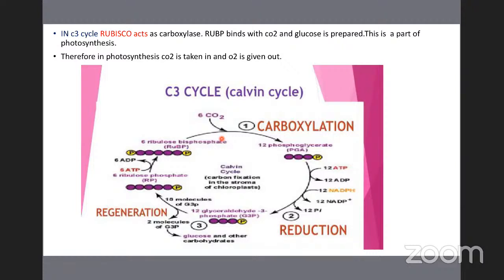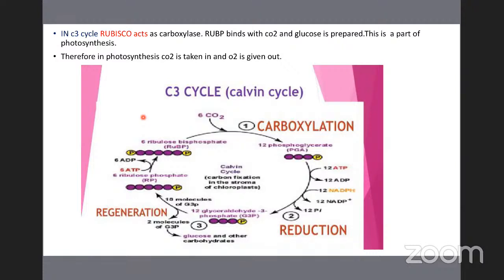So in the C3 cycle, very clearly, the CO2 molecule binds with RUBP, CO2 is taken in and oxygen comes out. This is the normal process in C3.